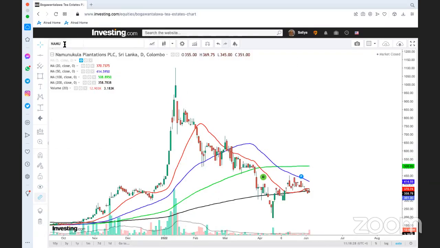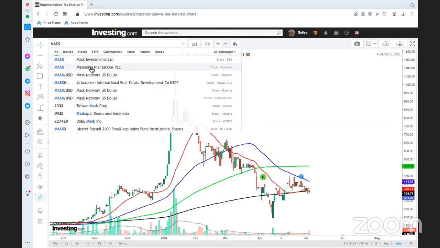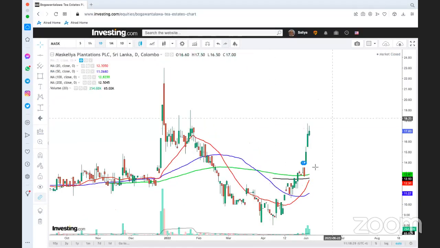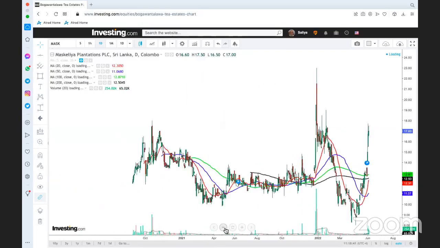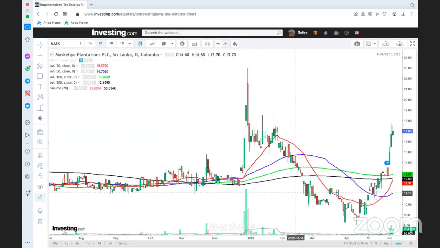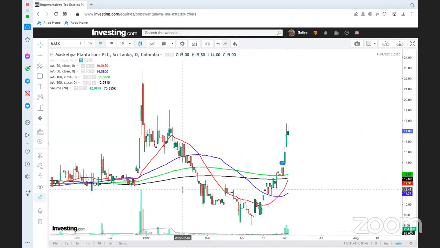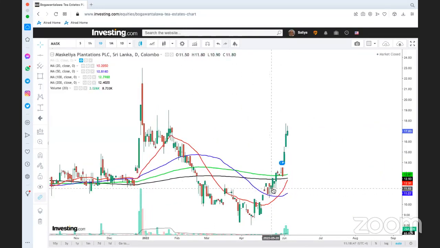Then let's look at Muscalia. Muscalia has broken all the 4 moving averages quite swiftly. The consolidation here has been short-lived, only a few days.